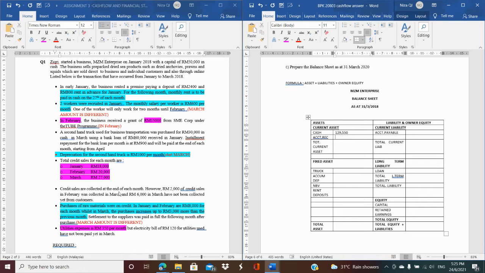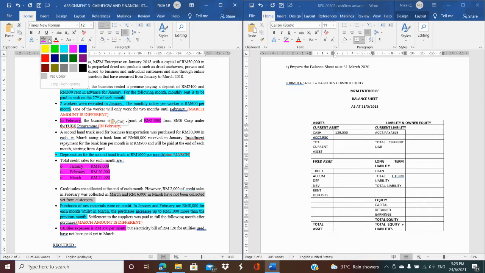So in March, I'm going to use another color for the balance sheet. I'm going to use the gray color, which signifies all the transactions for the balance sheet.